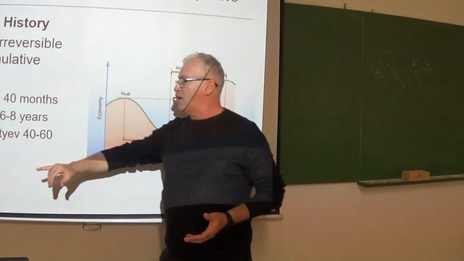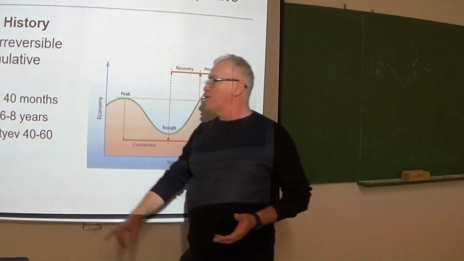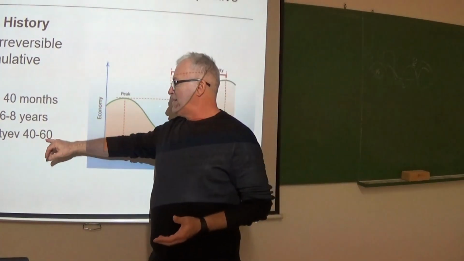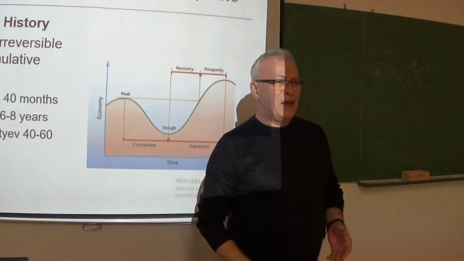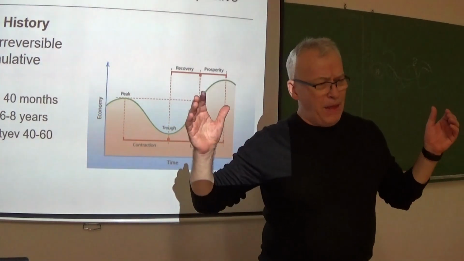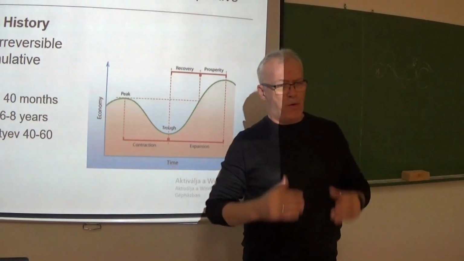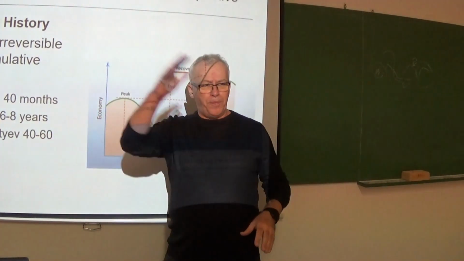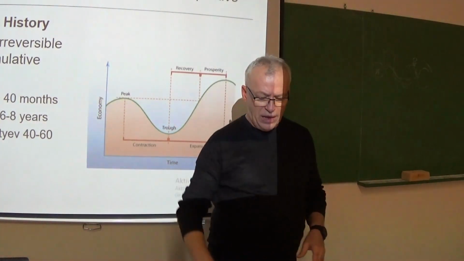Juglar, a French economist, a 6 to 8 year long cycle, and Kondratiev a 40 to 60 year long cycle. This is the typical economic approach to the problem of the cycle, because this is the longest one, a deep, long cycle in the economy.